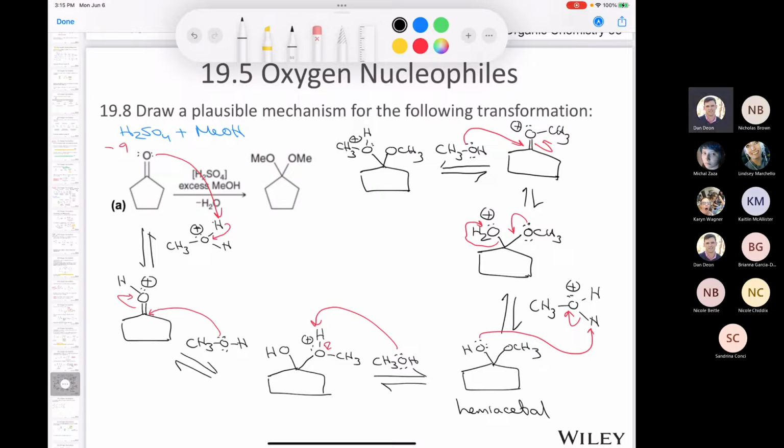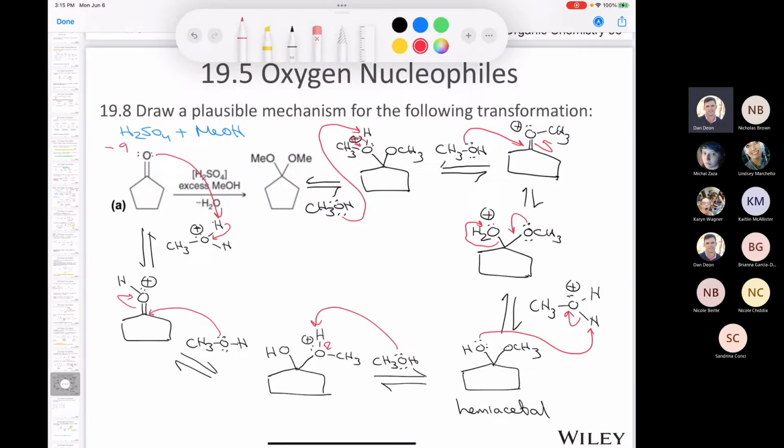And then in the last step, the methanol is going to grab this proton in order to regenerate my acid catalyst. Oops, arrows are getting kind of ugly. There we go. That's good.